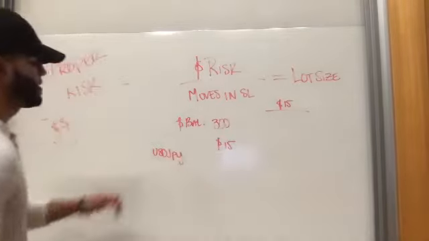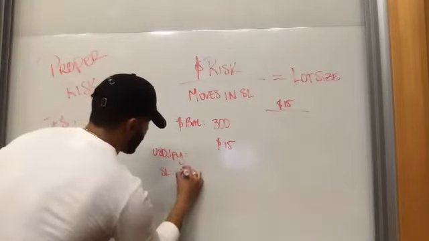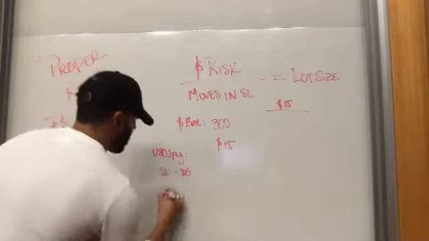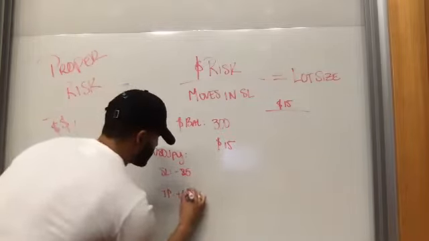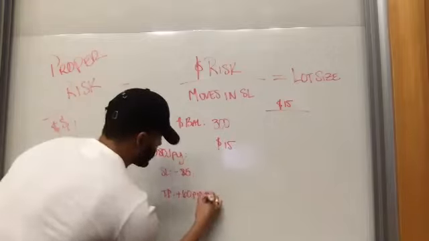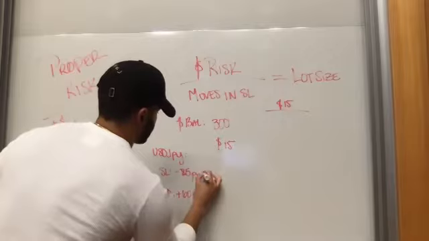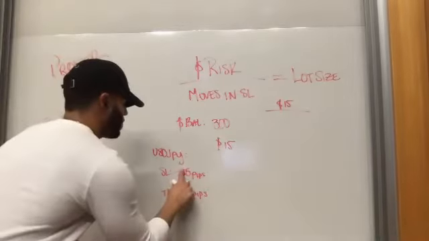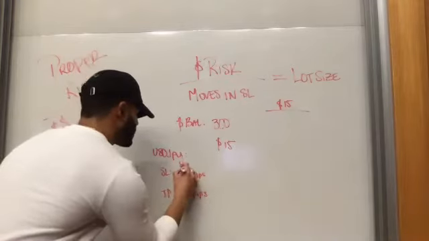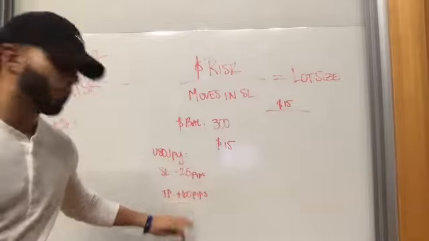And they told us that our stop loss was minus 25 pips and our take profit was plus 60 pips. So in other words, we're risking 25 pips with the potential to make back 60 pips. I know I wrote this down kind of weird.